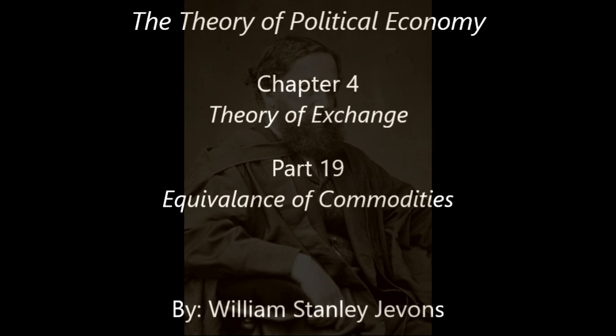Since the first edition of this work was published, the views of Wolowski have received striking verification in the unprecedented fall in the value of silver, which has occurred in the last 3 or 4 years. The ratio of equivalent weights of silver and gold, which had never risen much above 16 to 1, commenced to rise in 1874, and was at one time, July 1876, as high as 22.5 to 1 in the London market.